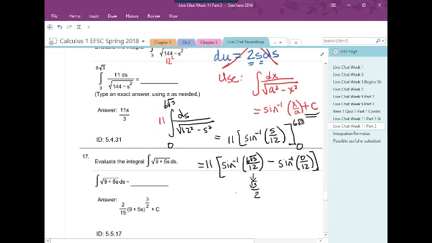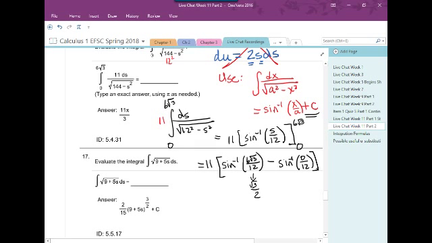Would it be the sine of pi over 3 or pi over 6? Any guesses? Okay, if you guessed pi over 3, you're right.